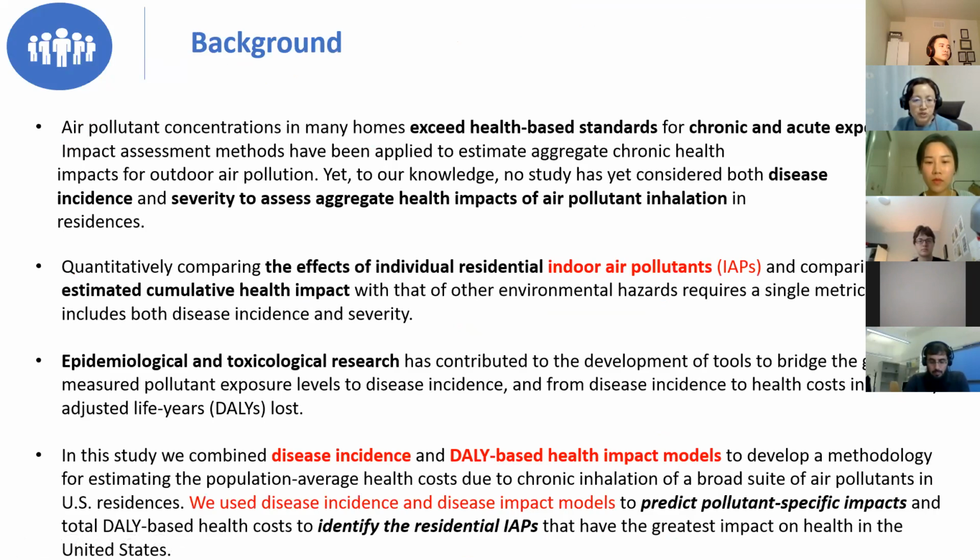They also use the health burden of disease calculations. They combine the disease incidence as well as the DALY-based health impact models to estimate the whole population average health costs. So there are some complex models here to do the evaluation.